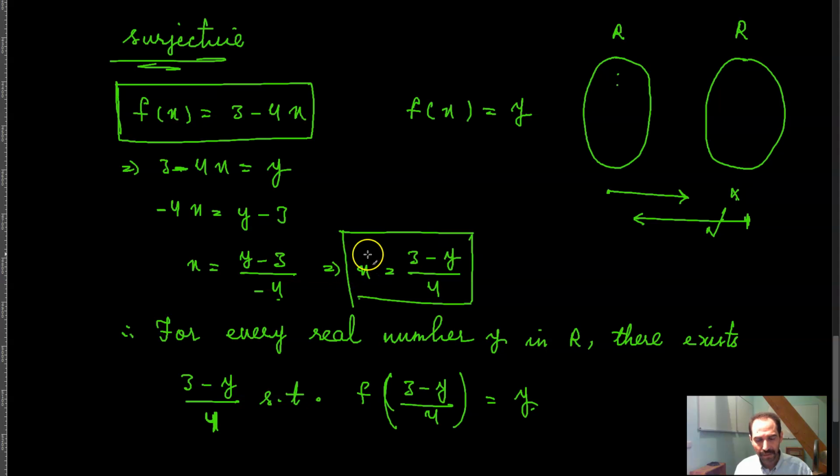That gives me x in terms of y, but this relationship over here, if I take f of x as y, gives me y in terms of x, 3 minus 4x, right?